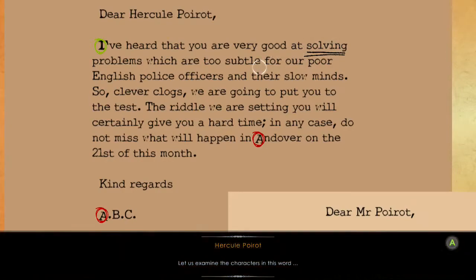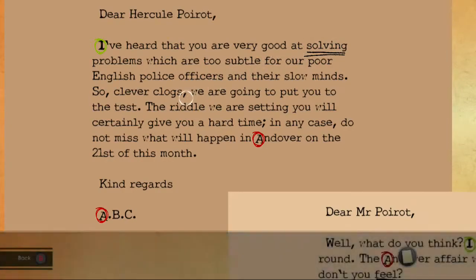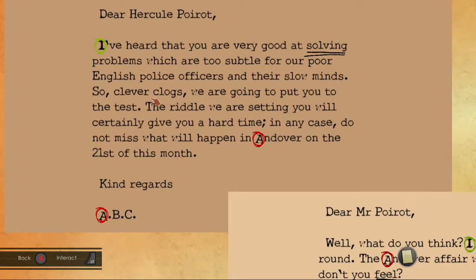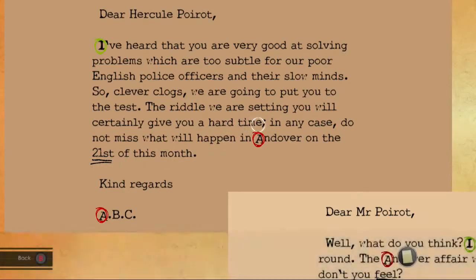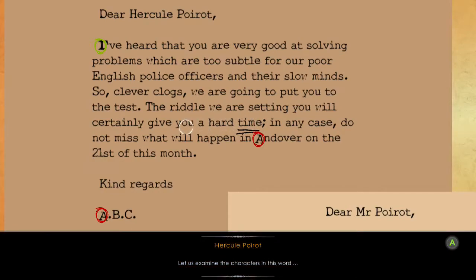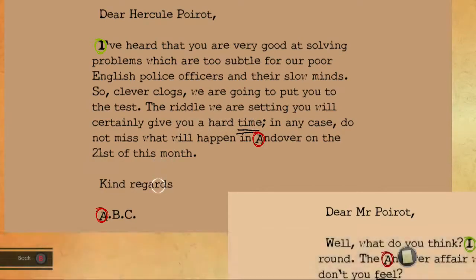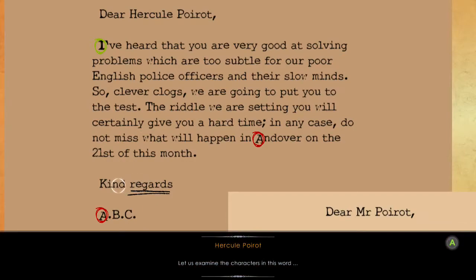Let us examine the characters in this word.